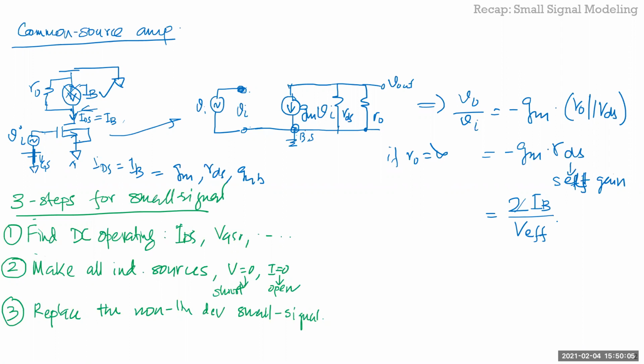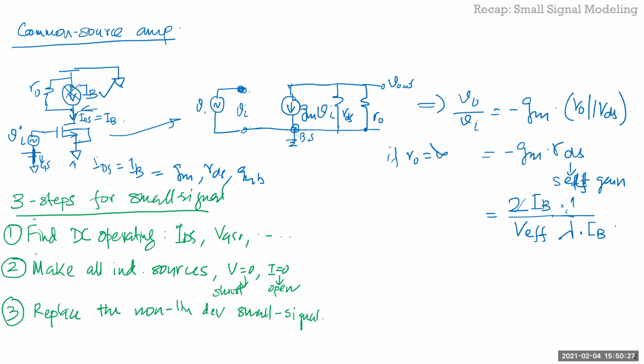It's basically just substituting VGS minus VT with ID, and you get these various forms. So this is GM, and your RDS is 1 over lambda times ID, where here I'll call it the same IB.